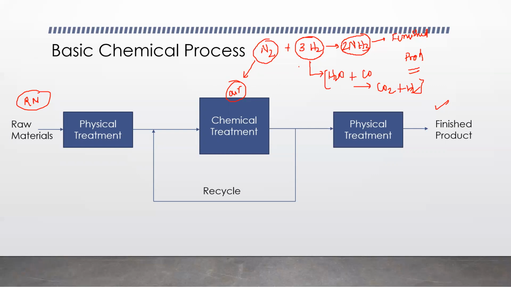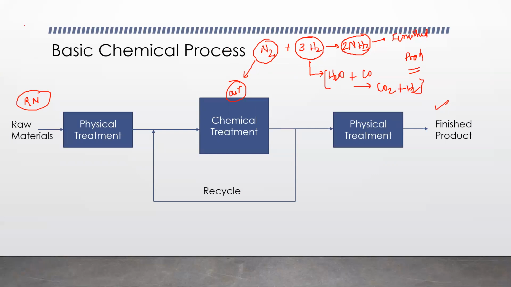This is our major reaction: nitrogen plus 3 hydrogen gives 2NH3. The different raw materials are basically those substances from which you can get these reactants.